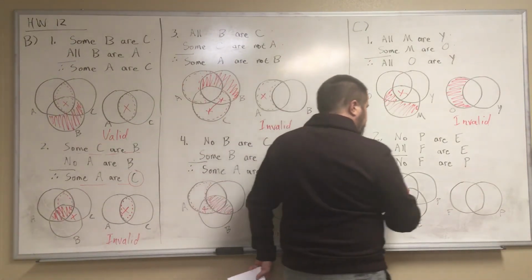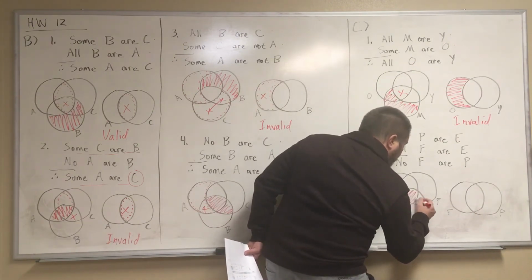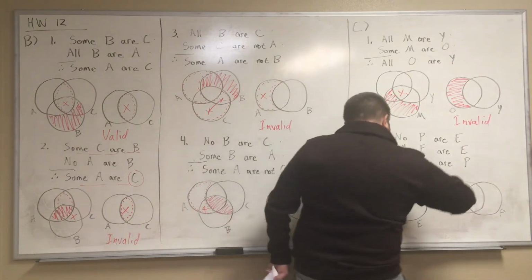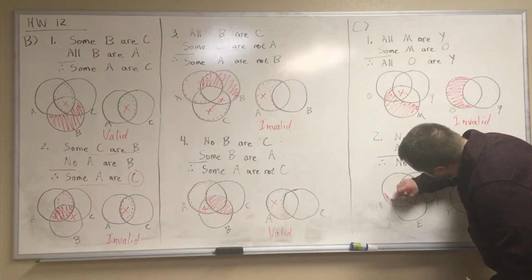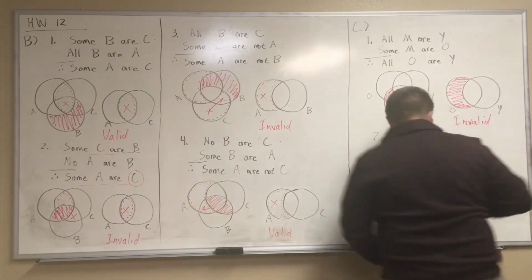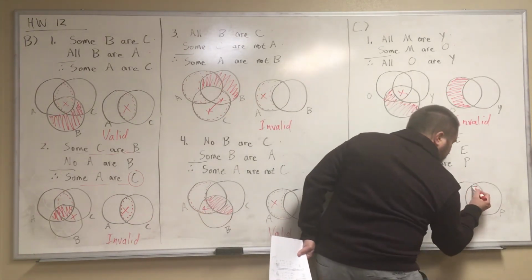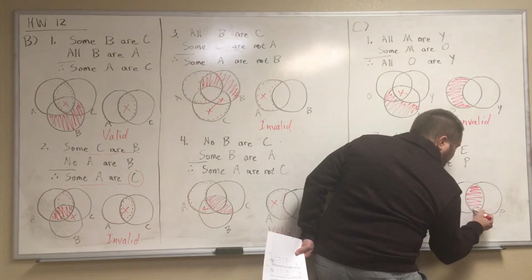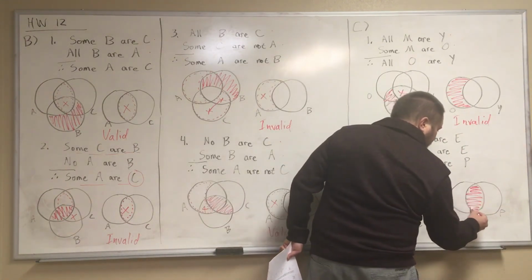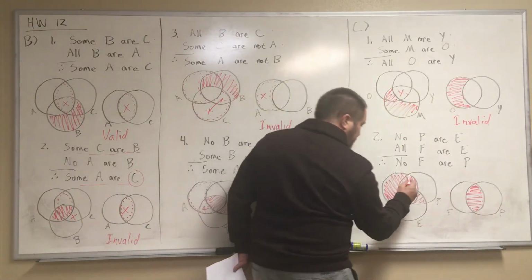We have all universals, no P are E. Eliminate the crossover between P and E. All F are E. So shade out and eliminate that top part. No F are P. So we're eliminating all crossover between F and P. So we're looking for that whole football, the entire football, to be shaded out.